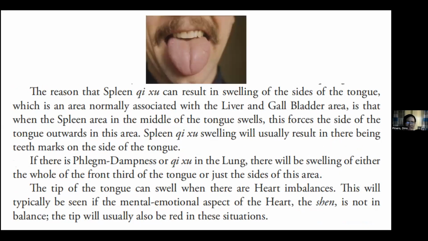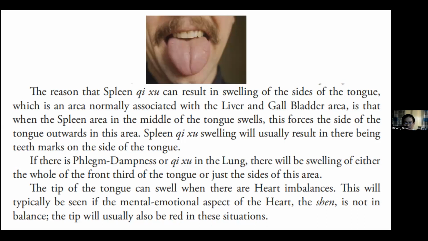The reason that spleen qi deficiency can result in swelling of the sides of the tongue, which is an area normally associated with the liver and gallbladder, is that the spleen area in the middle of the tongue swells and forces the sides of the tongue outward in this area.